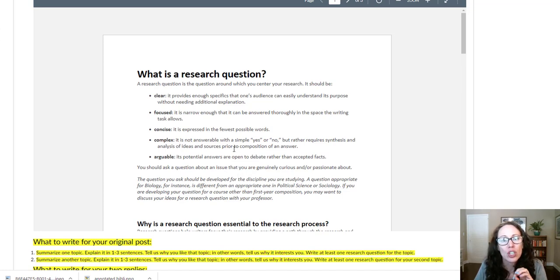So this is just basically you thinking about the topic and being able to formulate a question, and then the answer to that question as you're looking for it when you do your research is going to help to narrow down your topic, so that you're going to have a nice manageable topic for this 8-page research paper.